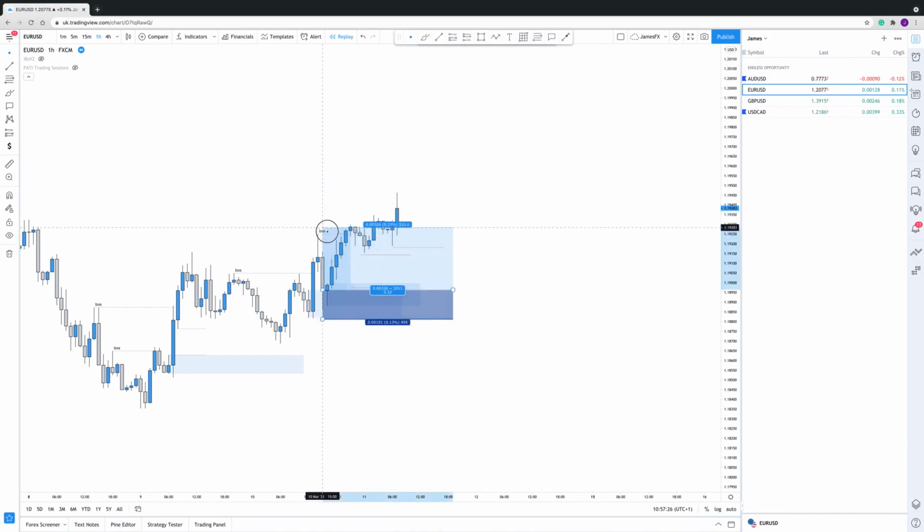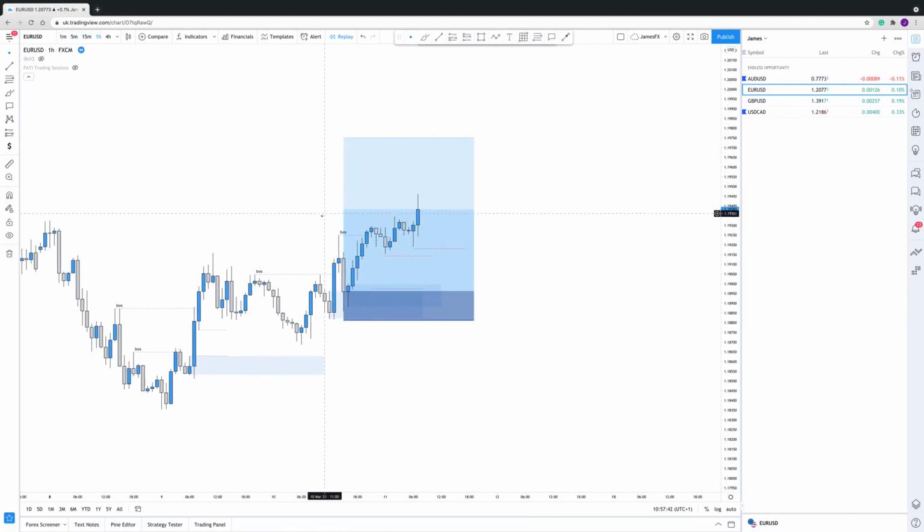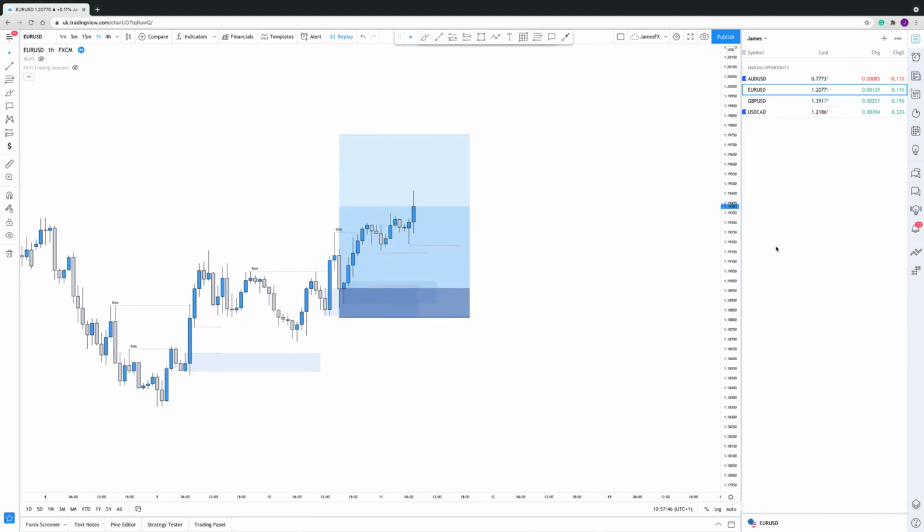So we've got around 1.4 locked in. But don't focus too much on the percentage. This is just showing the order blocks, because this trade here, we can get in with a much tighter stop loss utilizing the lower time frames. But for this video, we're just going to be looking at the concepts of order blocks. And yeah.